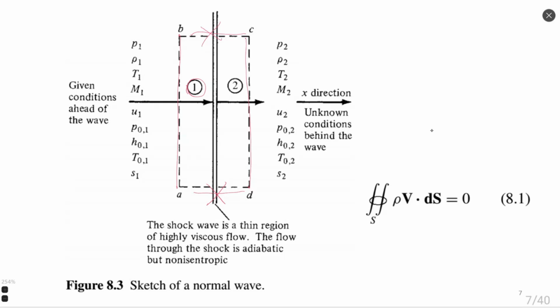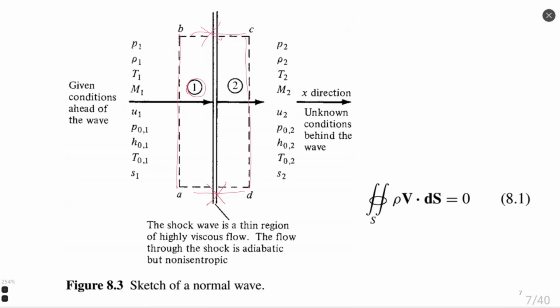And only edge AB and edge CD will contribute to this integral. There is a sign convention that says that all quantities which enter the control volume are negative and the quantities which exit the control volume are positive. It's just a convention which does not depend on the final result. We could also use the opposite sign convention, which would lead to the same result at the end.